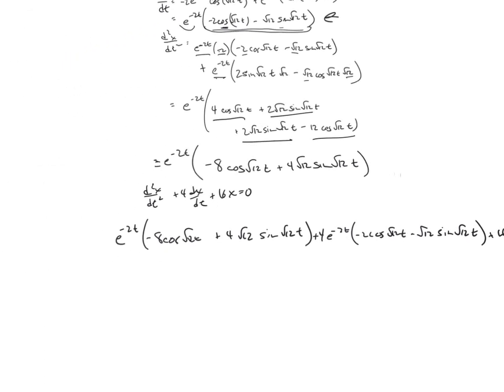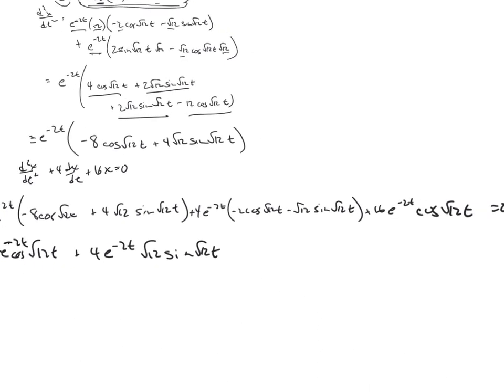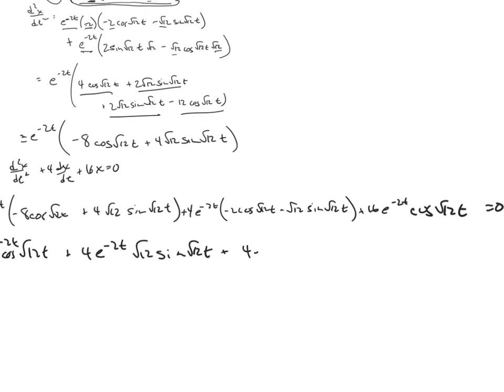All right, so distributing these values here, I get minus 8 e to the minus 2t cosine root 12t, plus 4 e to the minus 2t root 12 sine root 12t, plus 4 e to the minus 2t distributed in here. Let me try that again here.